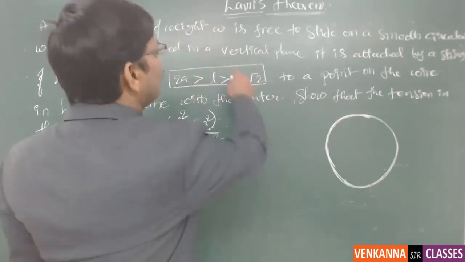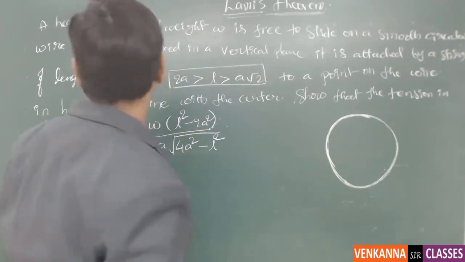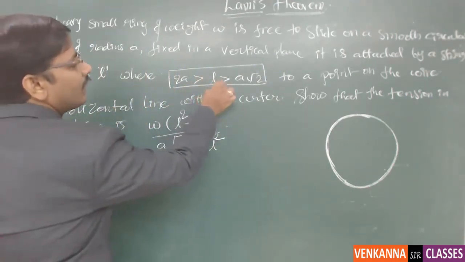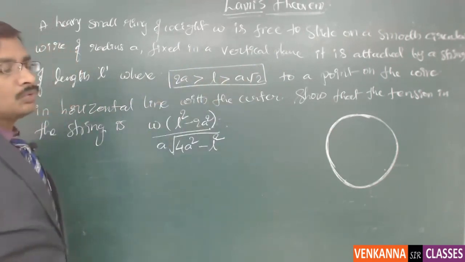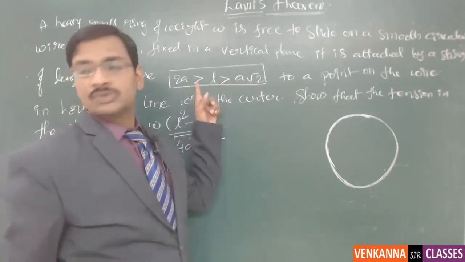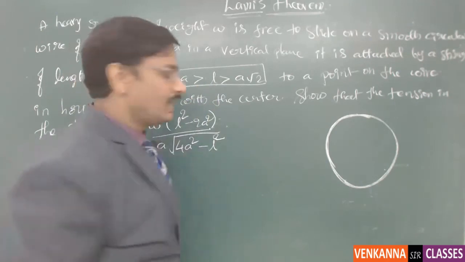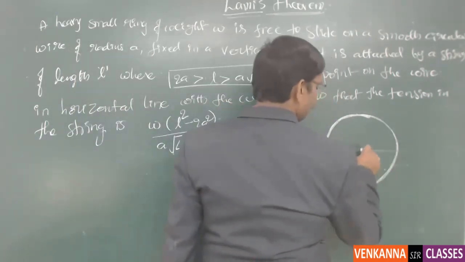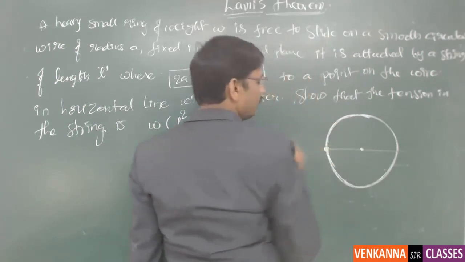It is attached by a string of length L where 2a greater than L greater than a root 2. That means it is attached to a string of length L, and one end of that string is fixed on a horizontal line like this. So this is one end of the string.